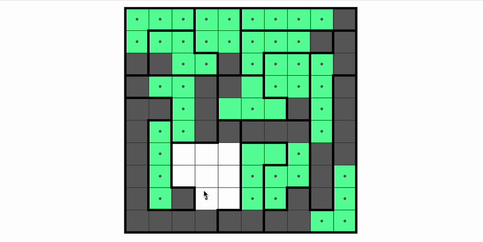Okay, so let's try those cases again. Where could this grow legally? Okay, this is getting tougher. So let's say it grows to the right. If that's the case, then this black comes up here.